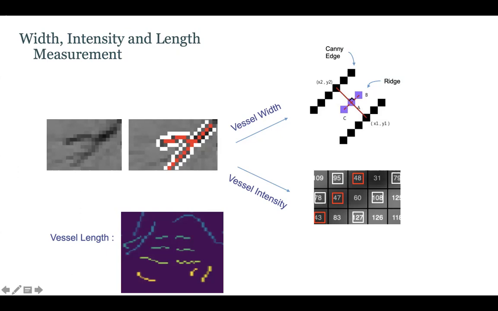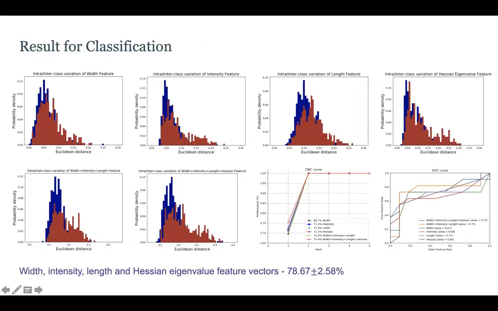Okay, here is the result of our classification. And these 6 images are our intra and interclass variation images of different features.